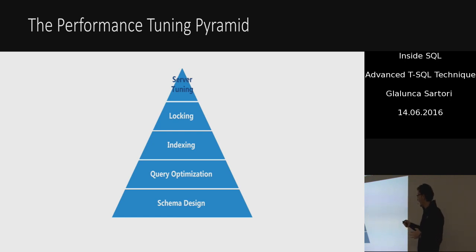And on the opposite side, at the summit of the pyramid, we have server tuning. This is a very easy place to interact with if we want to tune performance. We just have to pull some levers and interact with some knobs at the server level. And what we change here will not have an impact on what's below it.